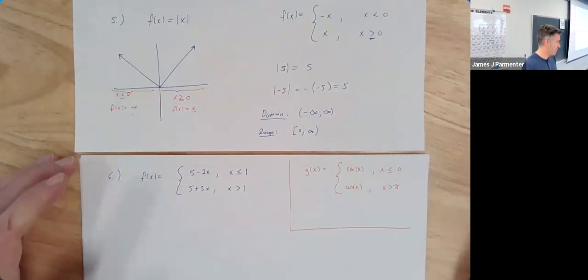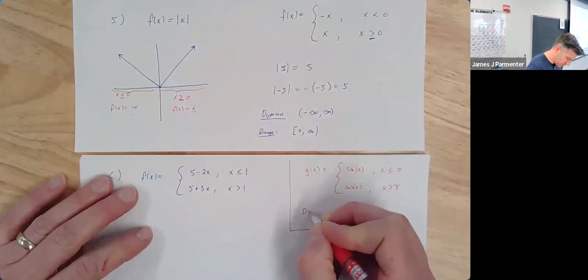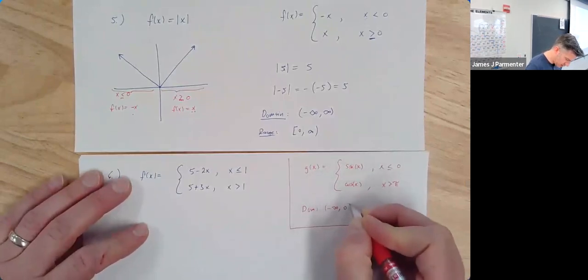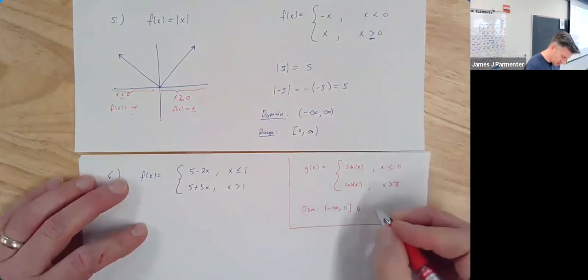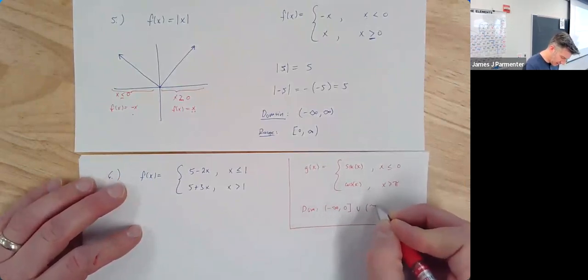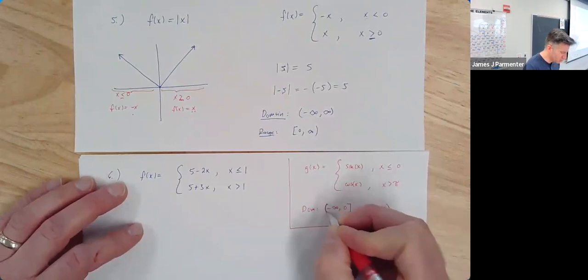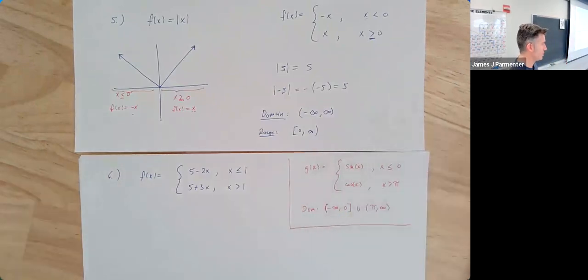And if that's the way they decided to define it, great. The domain would be everything from negative infinity up to 0 inclusive, union everything from pi exclusive to infinity. But usually with piecewise functions, we typically use up all of the domain. There's no requirement to, it's just what people usually do.